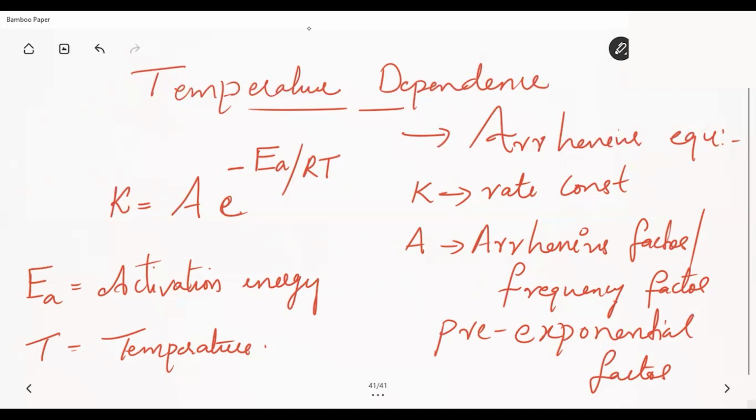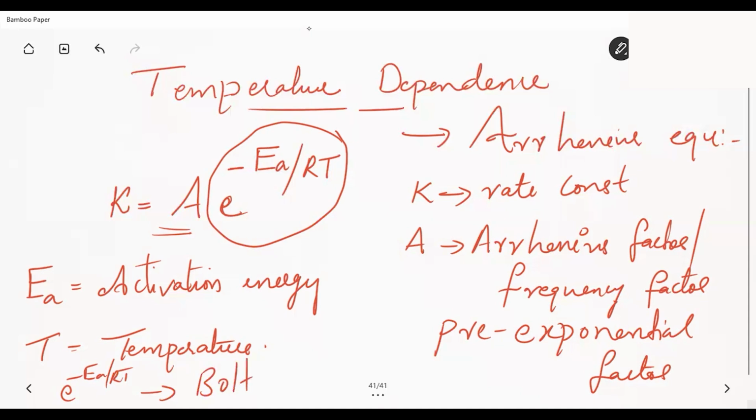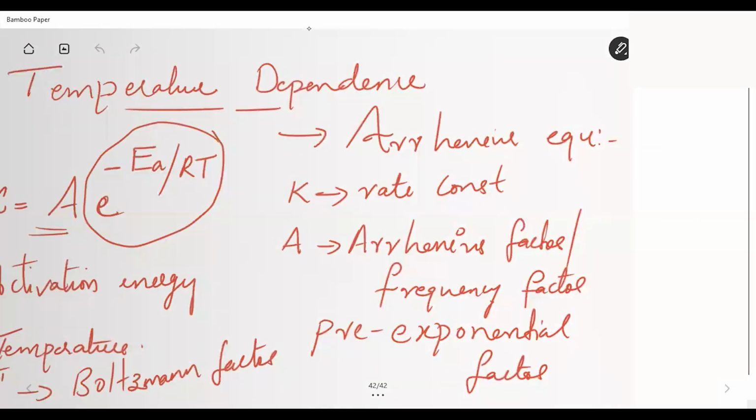R is the universal gas constant. T is the absolute temperature and A is the Arrhenius factor. And this term together, e raised to minus Ea by RT, is called the Boltzmann factor.